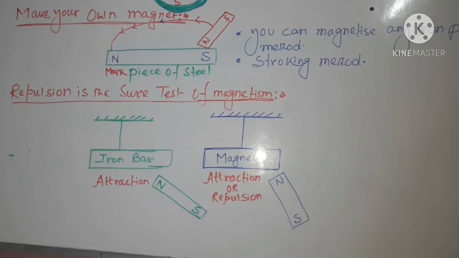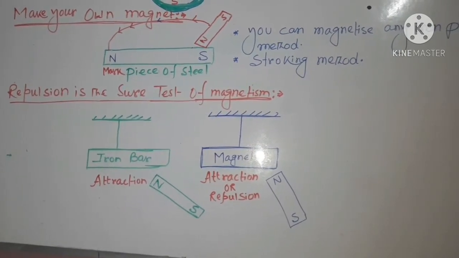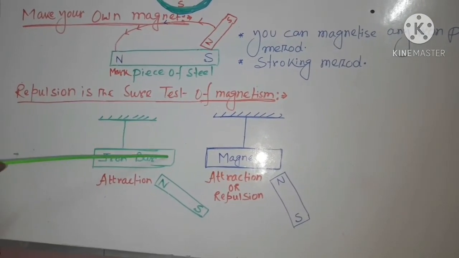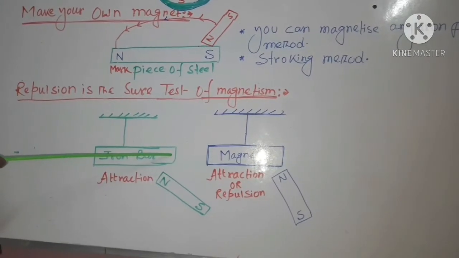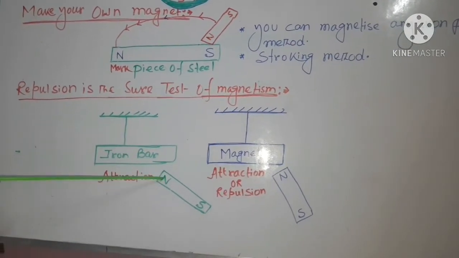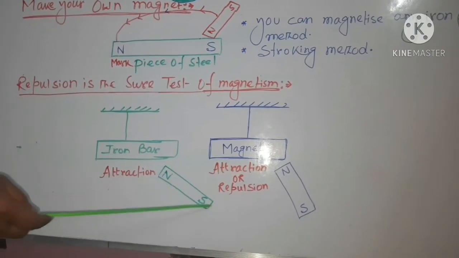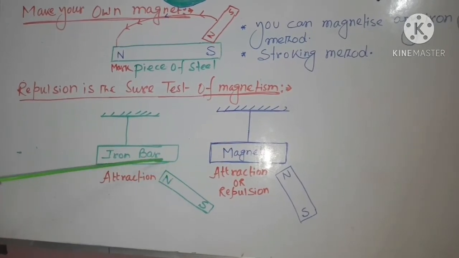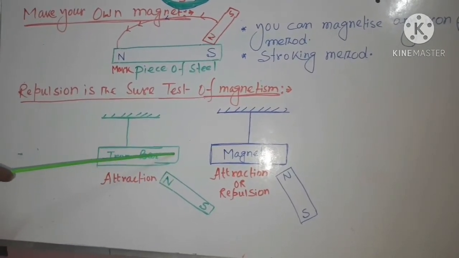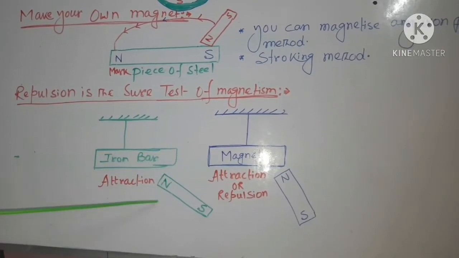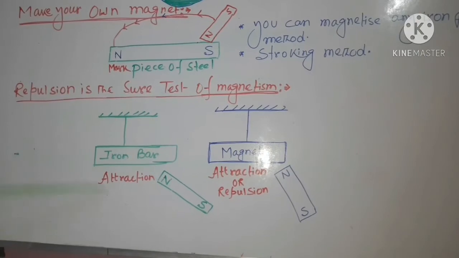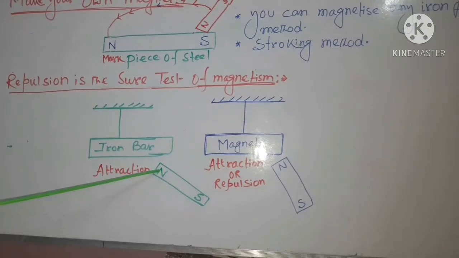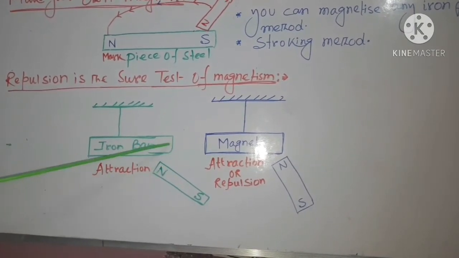Now take a permanent magnet, and see the situation. Near one end of the suspended bar, you bring the north pole as well as the south pole of the permanent magnet, and you see that for both poles of the permanent magnet there is attraction with this end of the suspended bar.